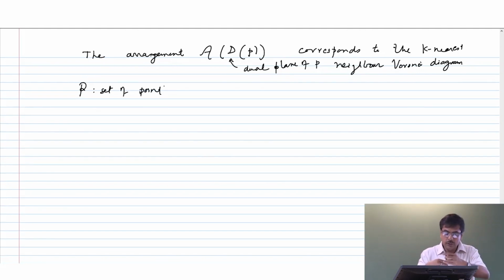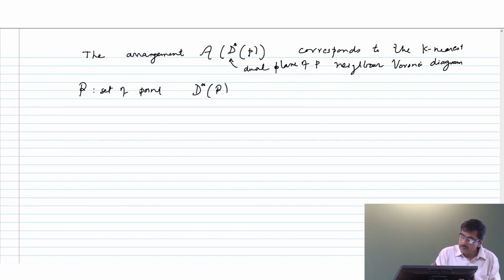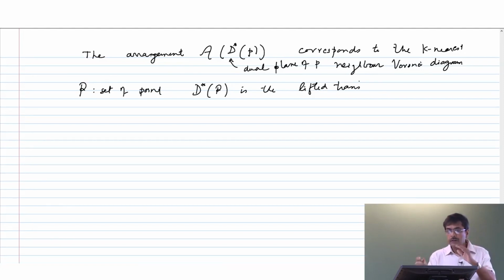I should not say dual, so let me change that and call it D star. D star of P is the lifted transformation. It is not the dual, not the point to line; it is the lifted transformation where the planes are tangential to the paraboloid.